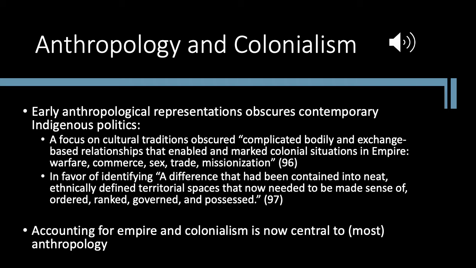What I was illustrating with the map, right, is the way, this is a map that was drawn by Lewis Henry Morgan, and the idea was to represent how different cultural groups existed within geographical space, right? Think back to what we've been talking about, mapping and colonial power.